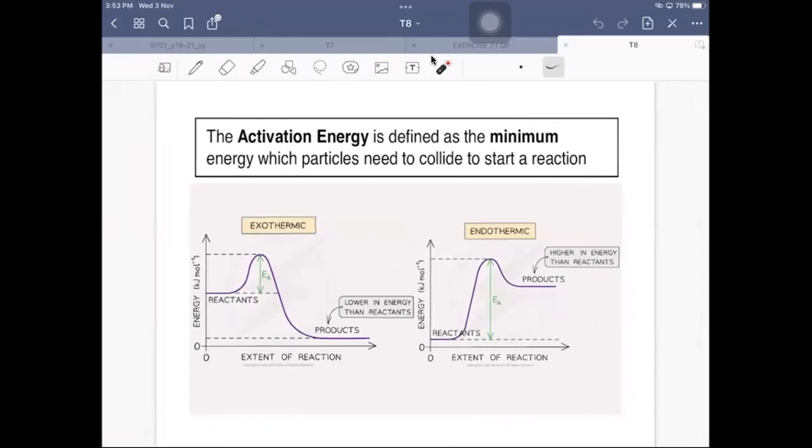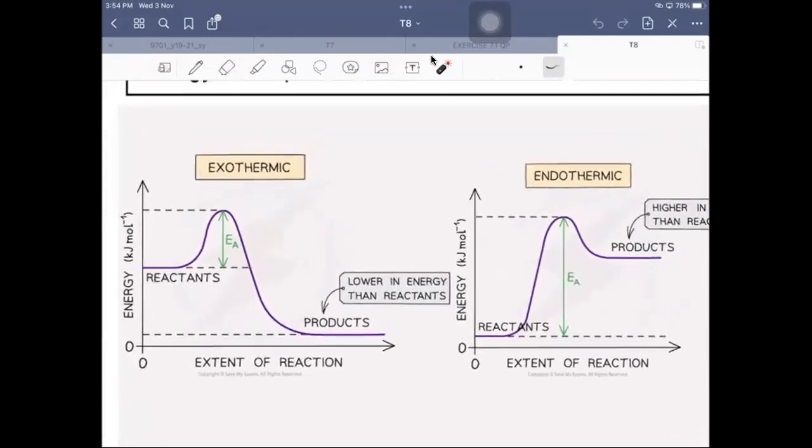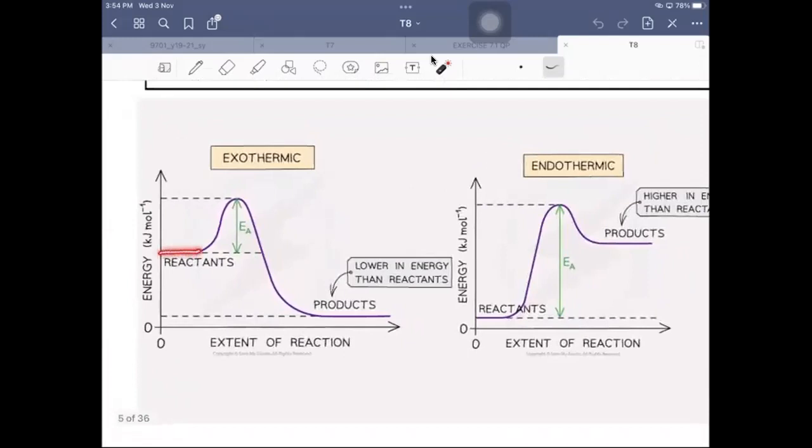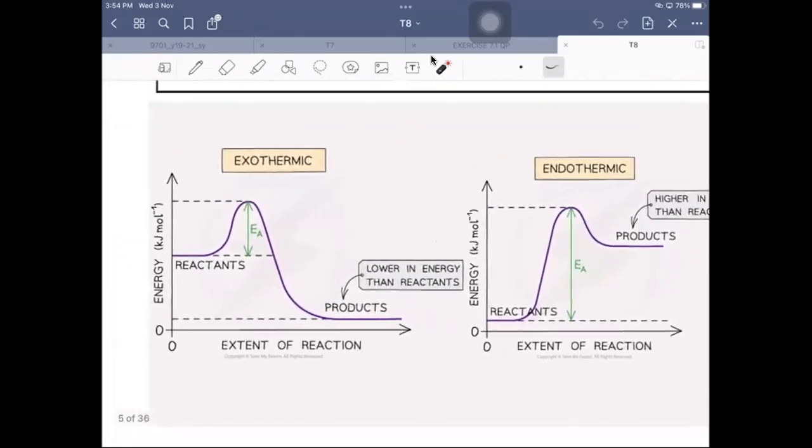Okay. In an energy profile diagram, you have the energy of your reactants. And then over time, there will be a hill, and then it falls down to the products. That's for exothermic. For endothermic, the energy of the reactants is way below the energy of your products. So you start all the way from the bottom, but not at zero, because as I said, everyone must have some sort of energy. You can't have zero energy.